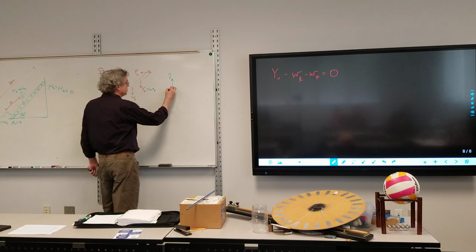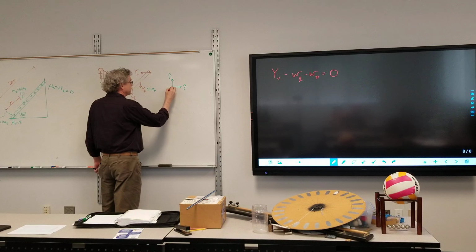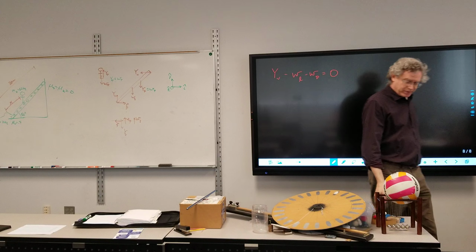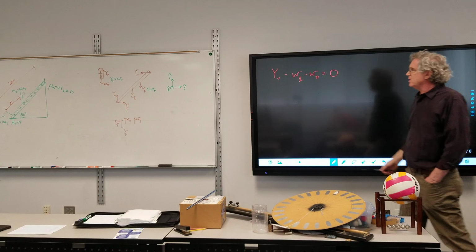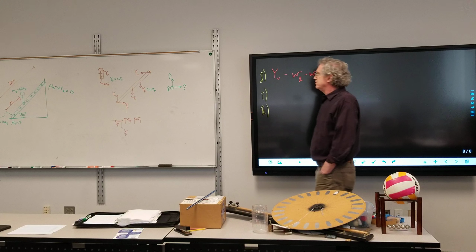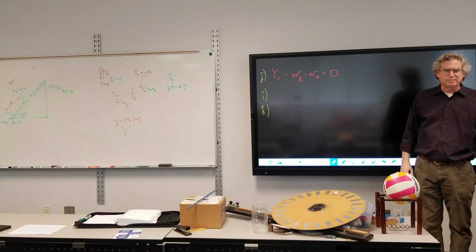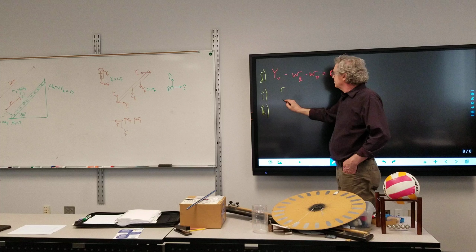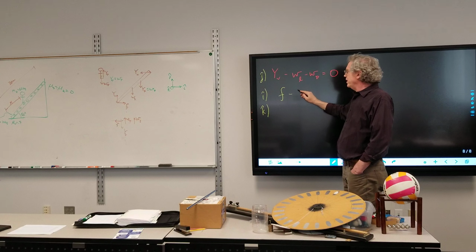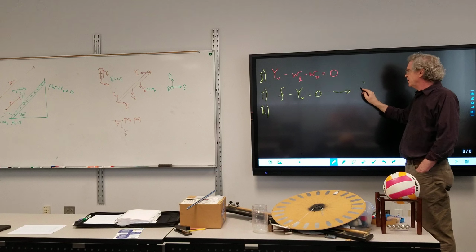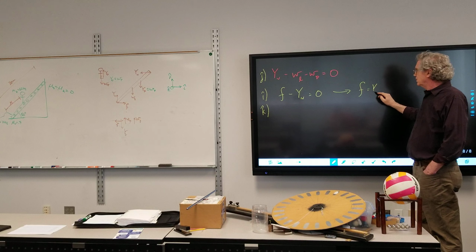Okay. So that sets K hat to be positive outward, again assuming a right-handed coordinate system. So this is our J hat equation here. What is the I hat equation? F equals Y horizontal. I'm going to put it into the more traditional form to start out with, but it breaks down into F equals Y horizontal.